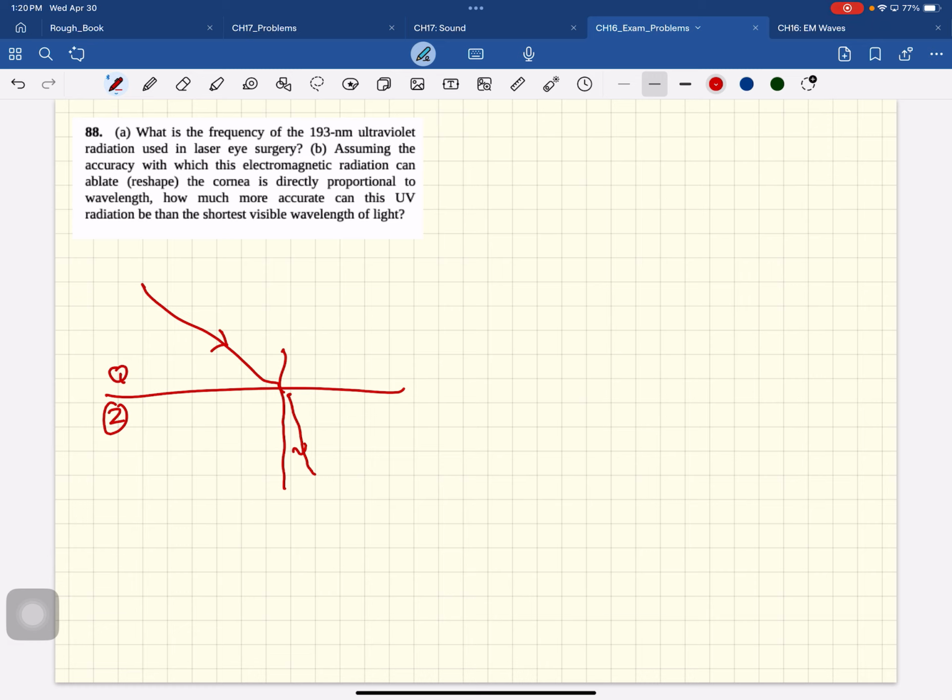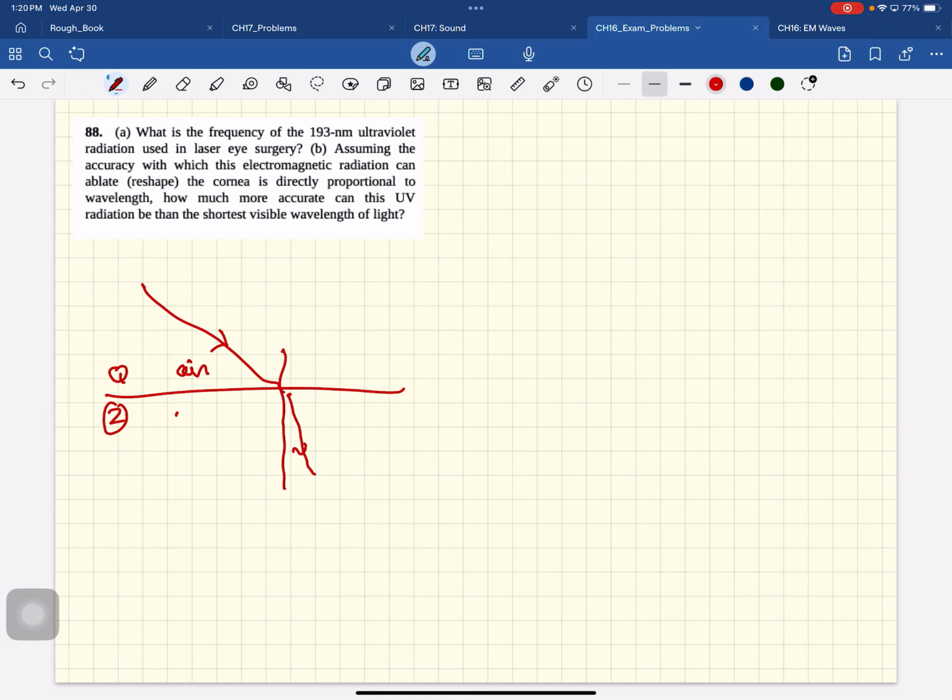And most of your eye is essentially salt water. Once it goes inside the eye, it can't bend too much because the material doesn't change a whole lot and the speed doesn't change a whole lot. So most of the bending happens when it goes from air into the cornea.